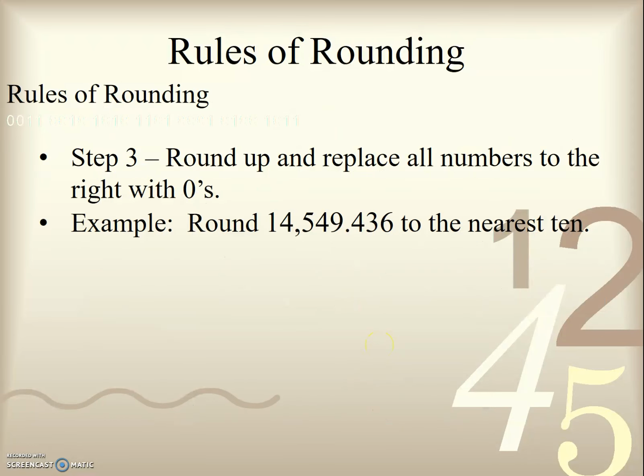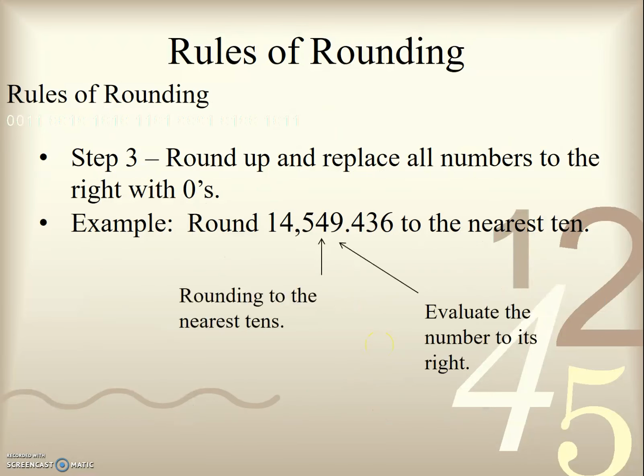So let's go ahead and actually complete this now. So rounding to the nearest tens, step 1, and we want to look to the number to the right of that number. We've already figured out with a great deal of deductive reasoning that the number to the right of our rounding place is a 9. Step 2, that number is greater than, well, oh, you already saw the answer, sorry.